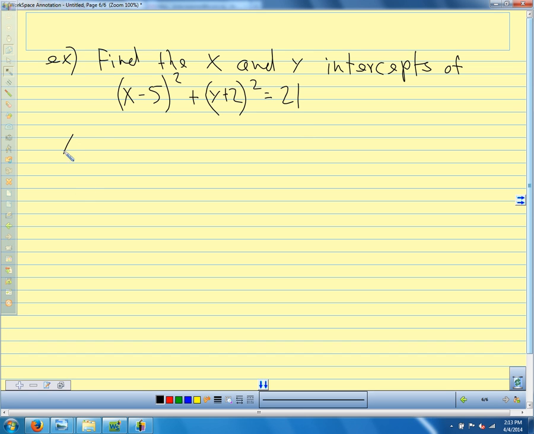All right. Hopefully we've gotten this down now. When we did this way back at the beginning of the year in chapter 2, we sometimes struggle with this. How do we find an x-intercept?